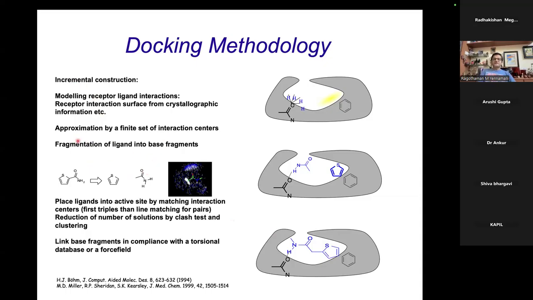So you fragment the ligand into rigid and flexible parts. You place the rigid parts first, and then you try to build the connection between them. So incrementally, you try to do one at a time. So this incremental construction is what DOCK does, and it's very successful for many different small molecules.